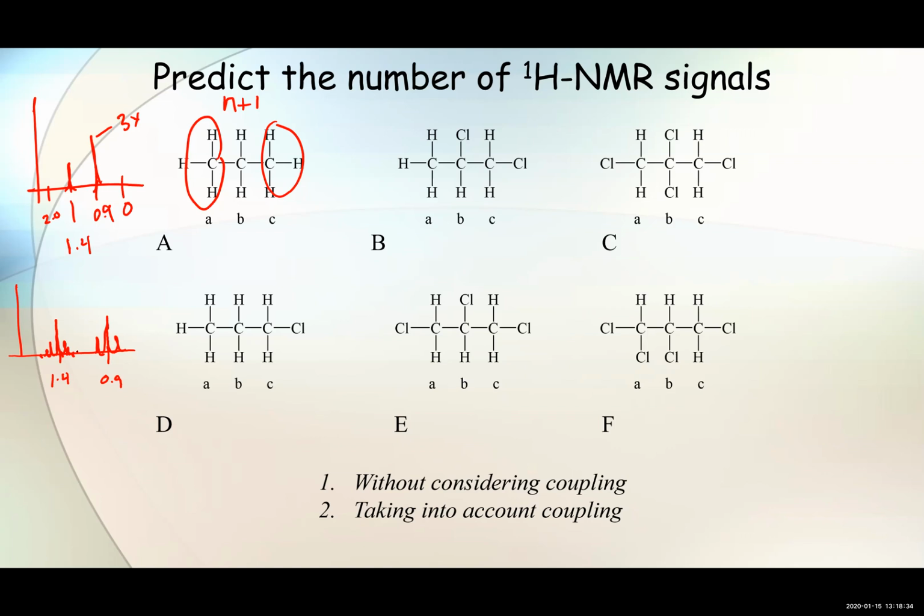Okay, let's do B. Try doing B first: how many different signals would you get and approximately where would they be? You can go back in your notes because there's a chlorine here and a chlorine here, so you can guess where it'll be.